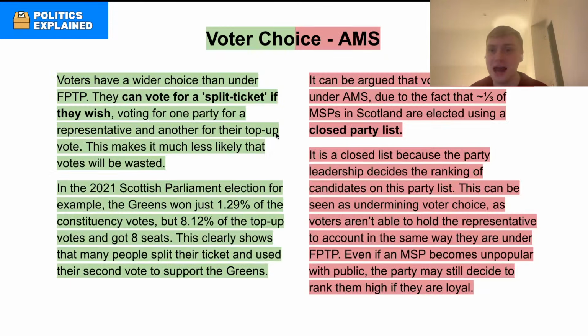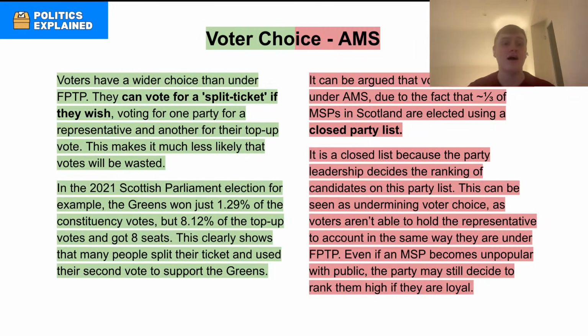AMS then. On the one hand, it's strong in terms of voter choice because voters can split their ticket if they wish by voting for one party for a representative and another party for their top-up vote. So I could vote, for example, for the Scottish Conservatives for my constituency vote, and then vote for the SNP for the party vote. And that means if I actually like both parties, then you can vote for both.